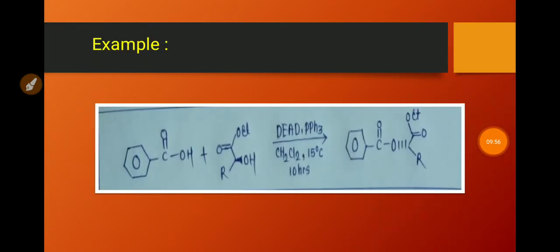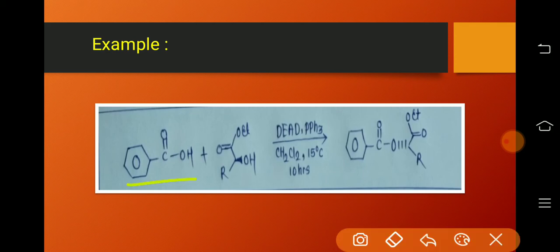Let's revise this reaction with another example. Benzoic acid on treatment with the alcohol under Mitsunobu conditions gives an inverted product. Let's check the stereochemistry of reactant and product.